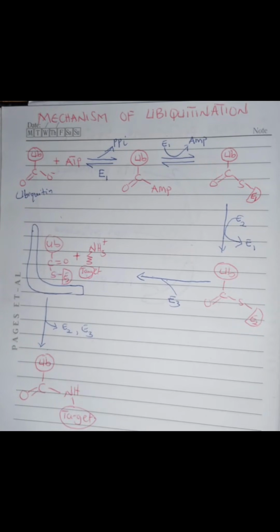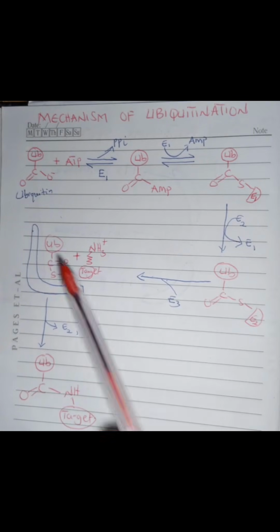You must note that there might be polyubiquitination. Yes, it's possible. That is, more than one ubiquitin can attach to a particular protein, and the more ubiquitin attached, the stronger the signal for destruction. If I add two ubiquitin, the signal for destruction will be more than when I add just one ubiquitin. Do you understand?